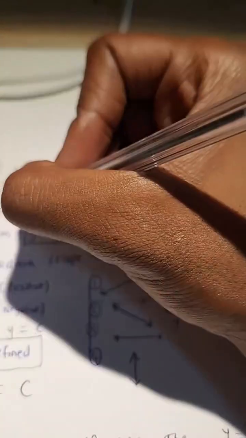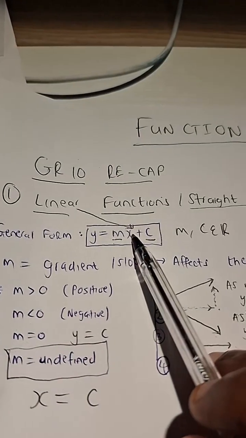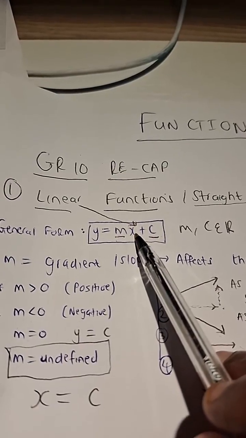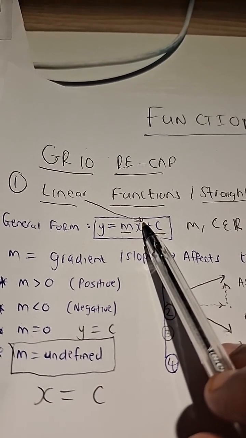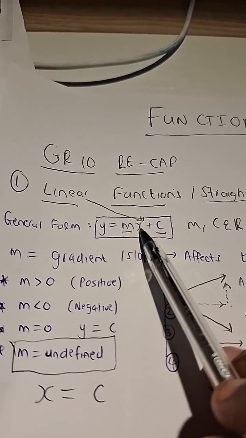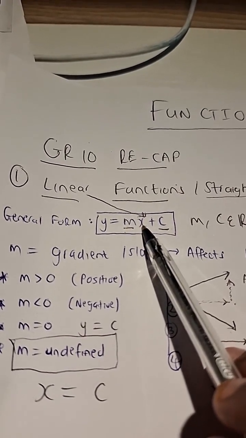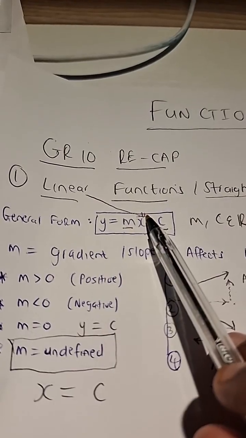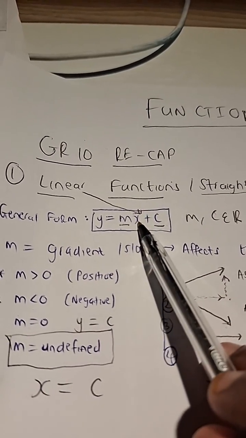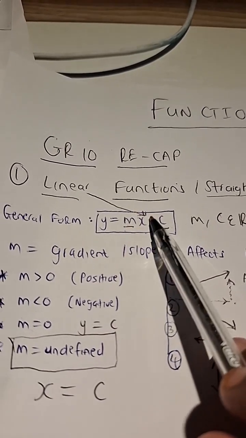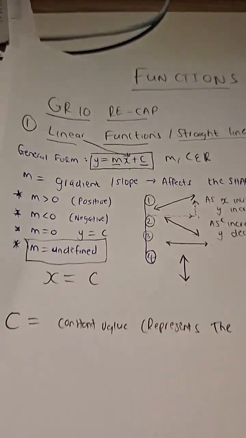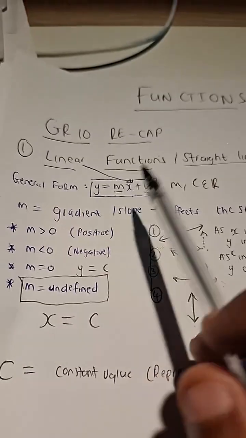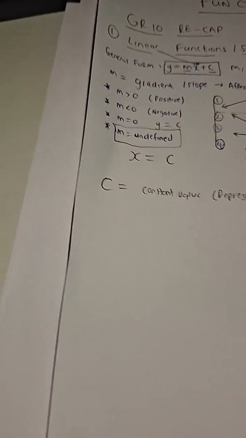This speaks to the fact that we say it's linear. A linear expression means that the x variable is raised to the power 1, and then plus the constant value. That is the form that we know our straight line function should be in.